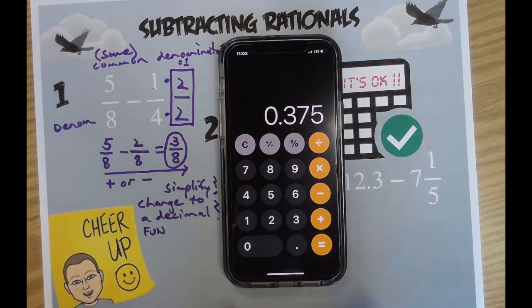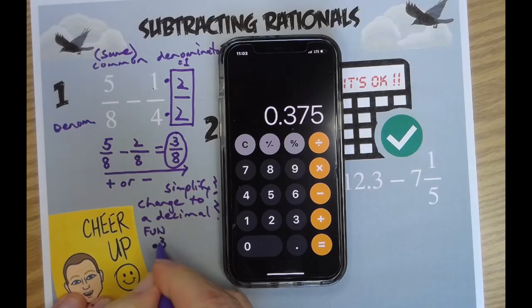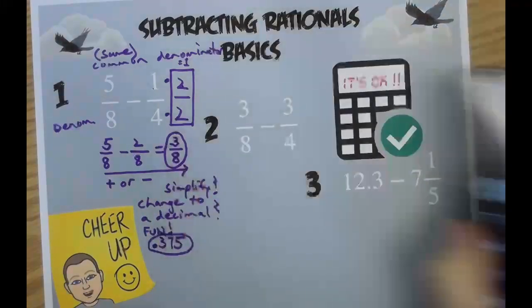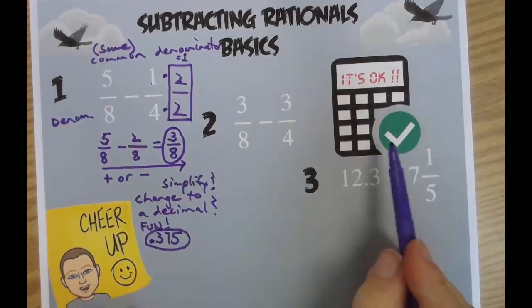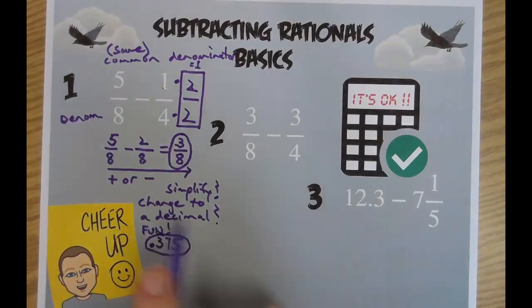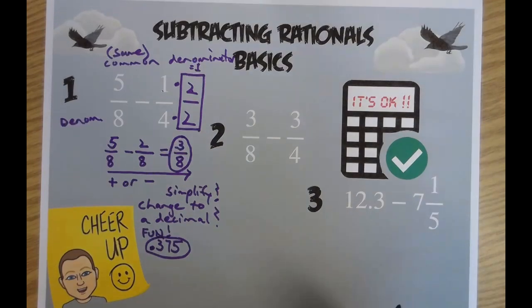There's your decimal. Good. I don't know why you would want to do that, but it's super easy, so why not? Which is why we're allowing calculators on problems like this, in case you want to go back and forth between. Okay? On to the second one.